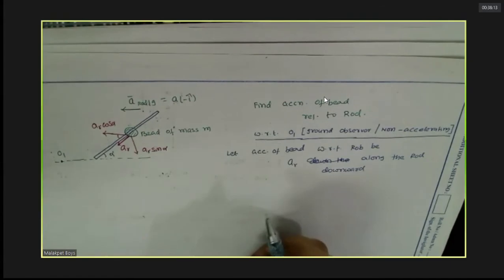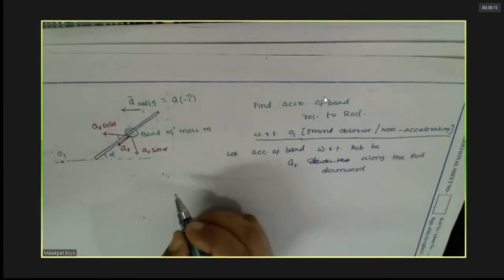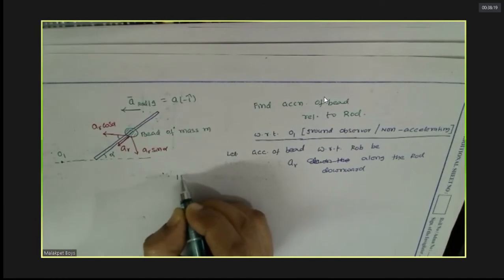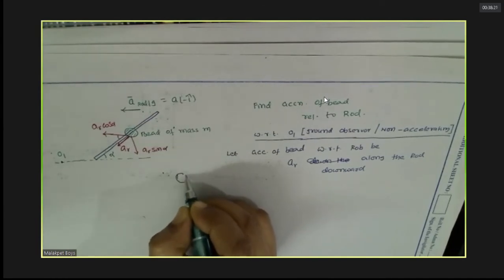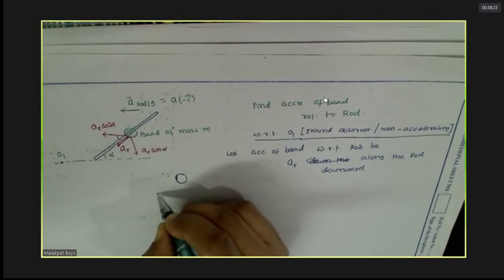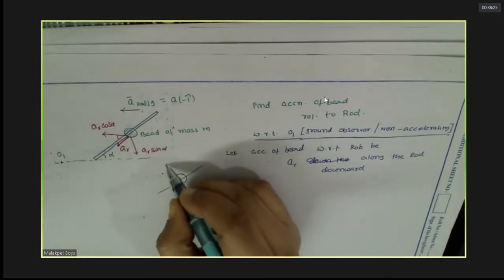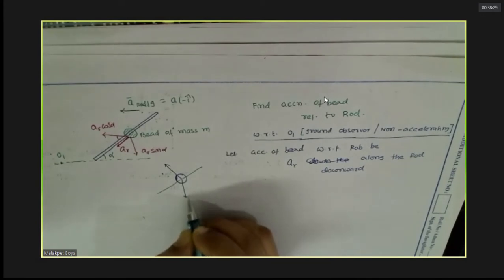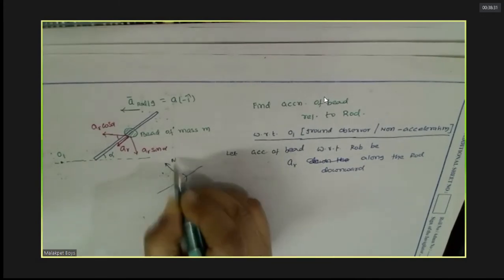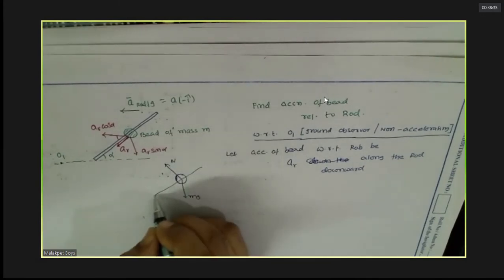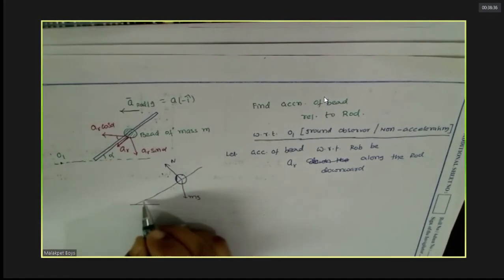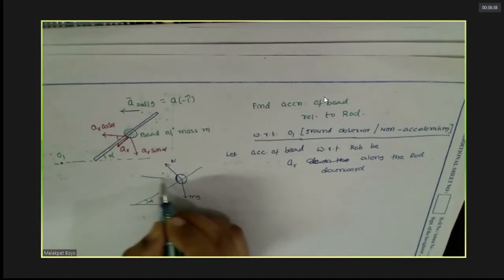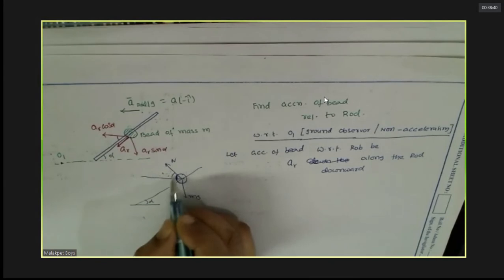He will try to draw the free body diagram for that. What are the forces? FBD of the bead: this is the normal reaction, this is mg. Do you agree with this? Now, because this is alpha, this is 90 minus alpha.